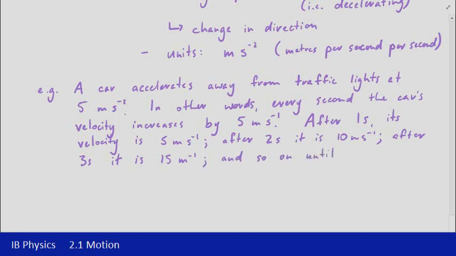And eventually that car will reach a speed limit, and at the end, if you just sort of think about it, the acceleration will then relatively quickly decrease to 0. And once it reaches the speed limit, the acceleration drops to 0 and the car will then continue to move at that speed.